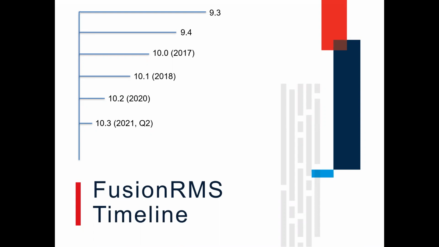So we've made a lot of advances since the 9.x versions into the 10.3, which will be coming out next year. In 2017, we made a pretty major jump from 9.4 to 10.0. And one of those major advancements was really modernizing the web interface. There are some customers that are using desktop and some customers are using web, and there are some that are using a combination of both.